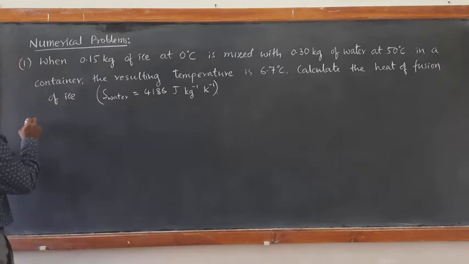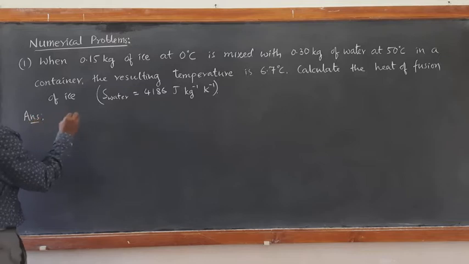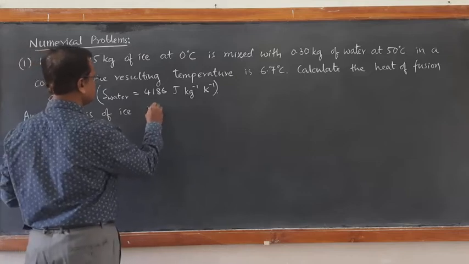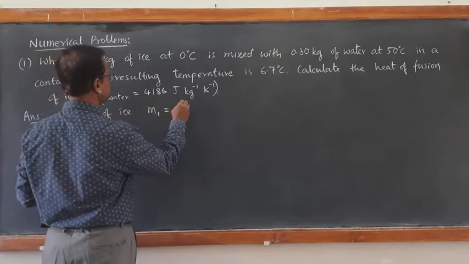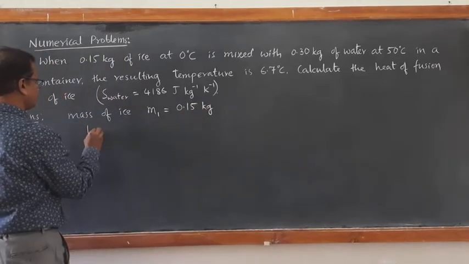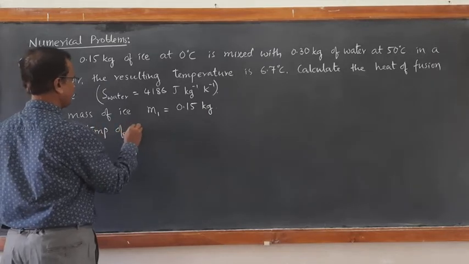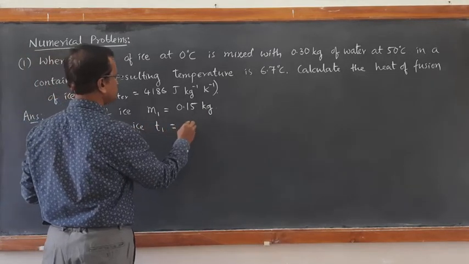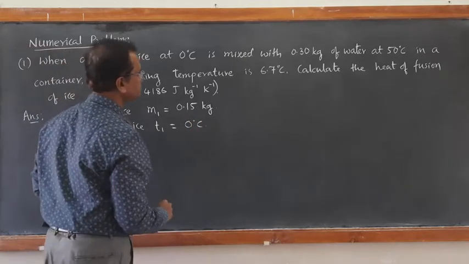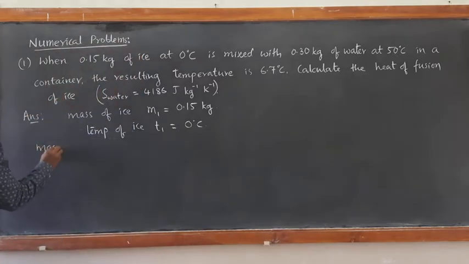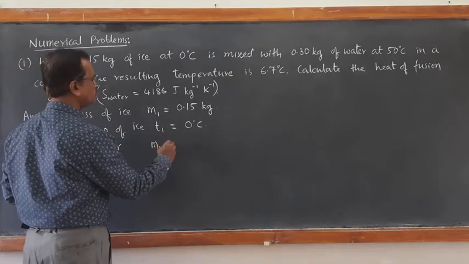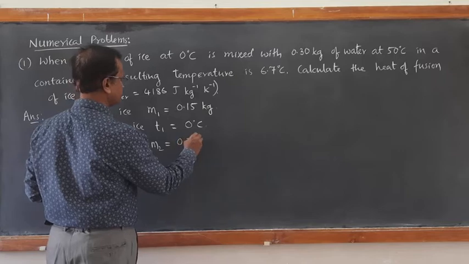So let us first write what the given things are. Mass of ice, let us take it as M1 is equal to 0.15 kg. Temperature of ice, T1 equal to 0 degrees Celsius. Then next, mass of water, M2 is 0.30 kg.